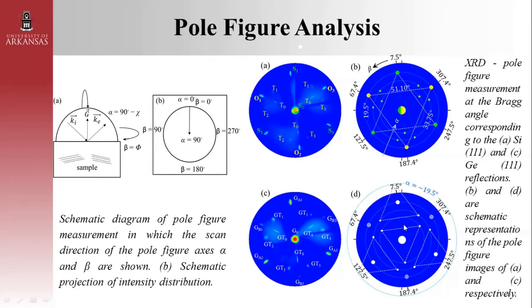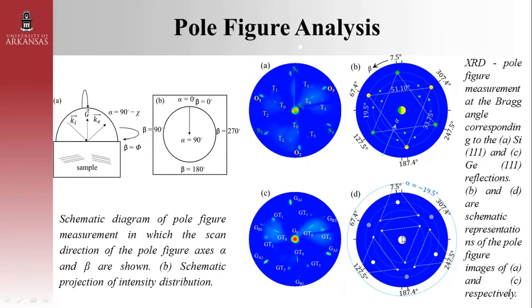I hope you can see this. These spots correspond to the reflection from the germanium 111 family of planes which are tilted by 38.9 degrees. Basically, the angle between this point and this point is 38.9 degrees with respect to the global germanium 111 plane. So these are your reflection twins.